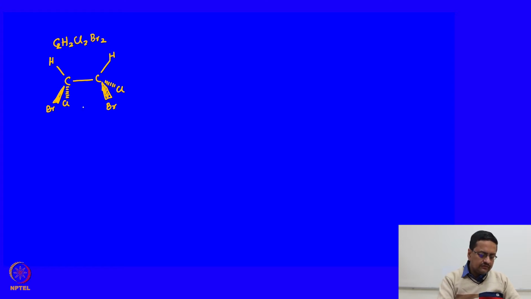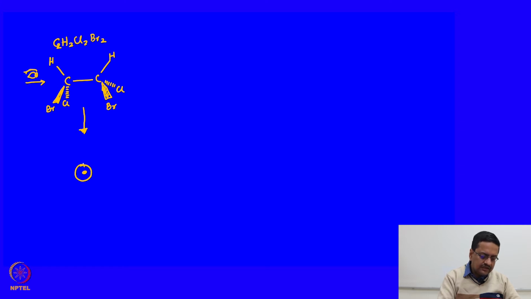So, when you try to draw the Newman projection of this particular geometry or this particular conformation by looking at the molecule from this side, what we see is the front carbon and the back carbon.